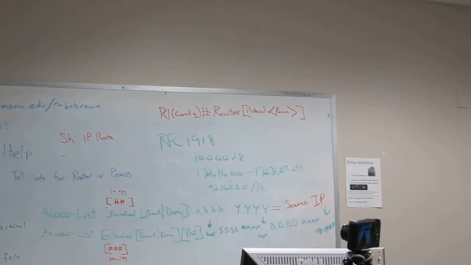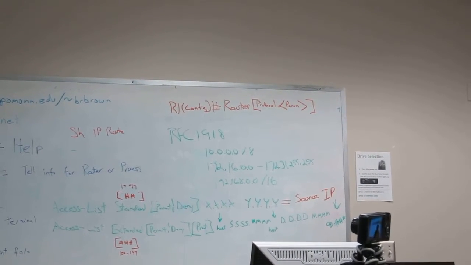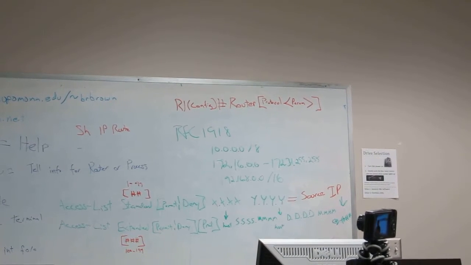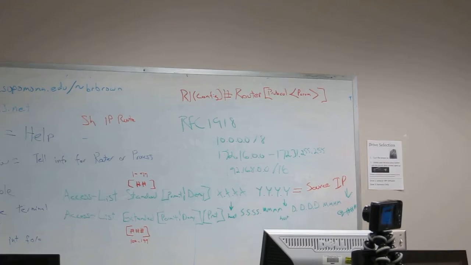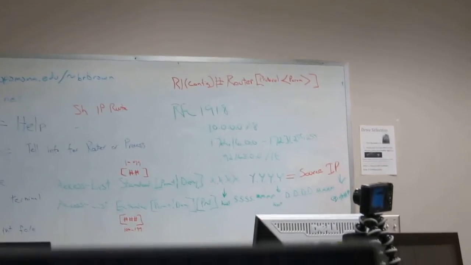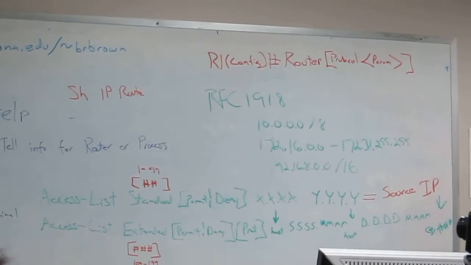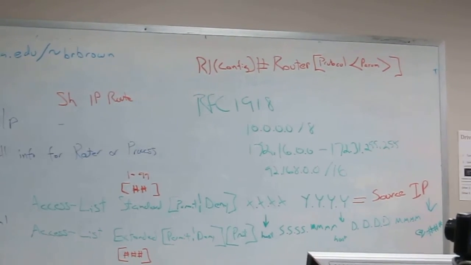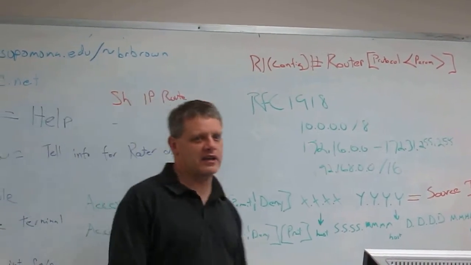Now that's important because you're going to get questions in your labs and in your tests where you have to filter that using a standard access list. So you'll build an egress filter stating that if any packet is destined to the internet with that source address, it gets dropped.